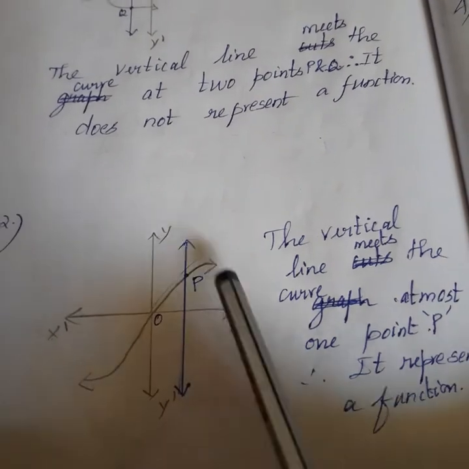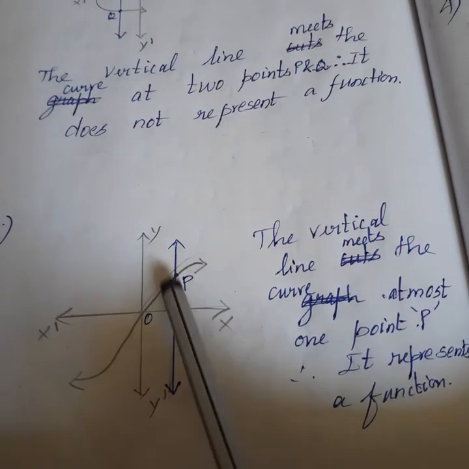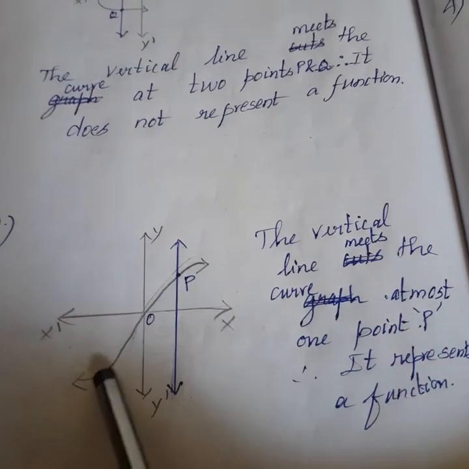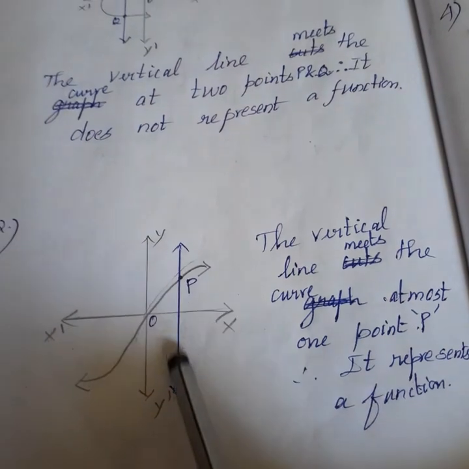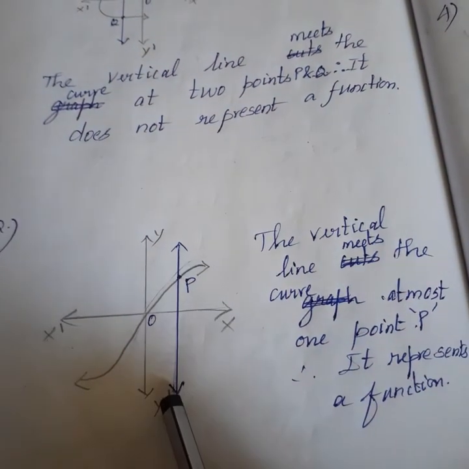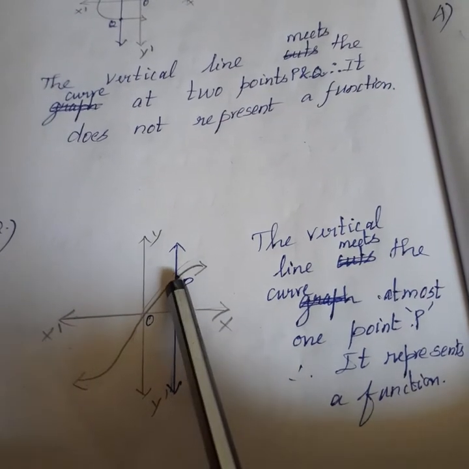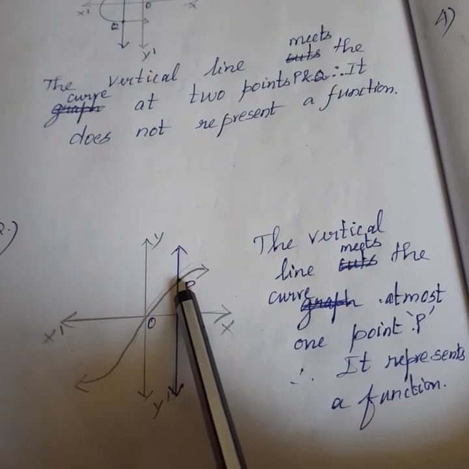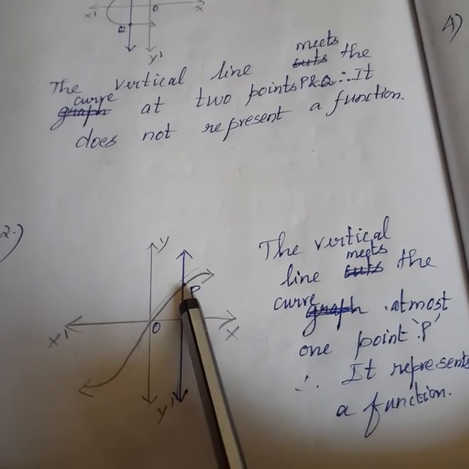So I have drawn this side, and this is the curve, and this is the vertical line, and when I draw the vertical line, that vertical line meets the curve at point P. This name P I myself have given for your understanding, okay.